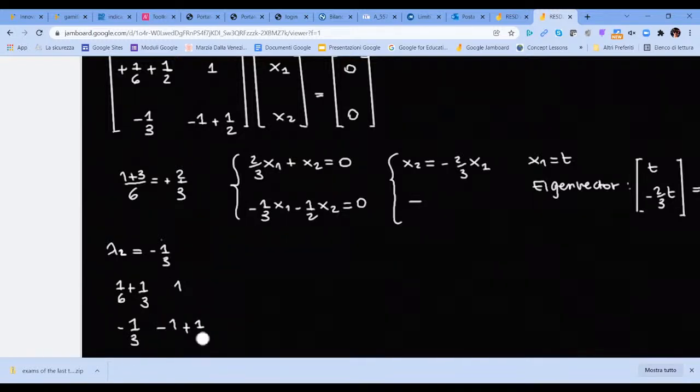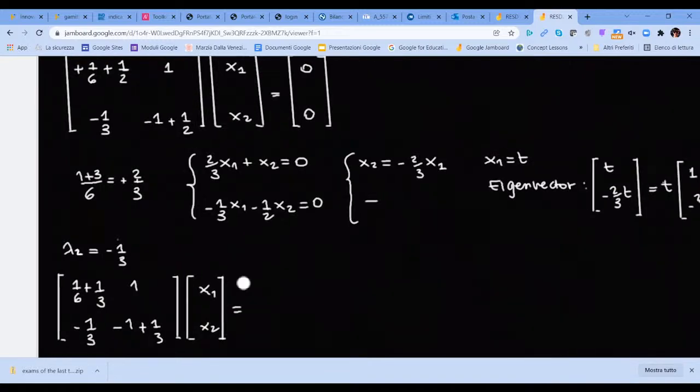Then we have minus 1 plus 1/3. This is the matrix A that we should multiply by x1 and x2, and then that should be equal to 0, of course.